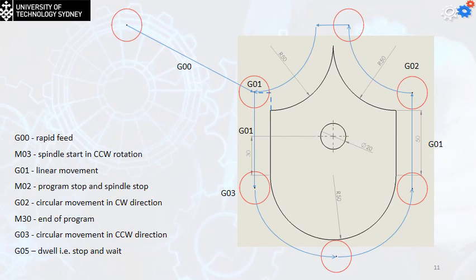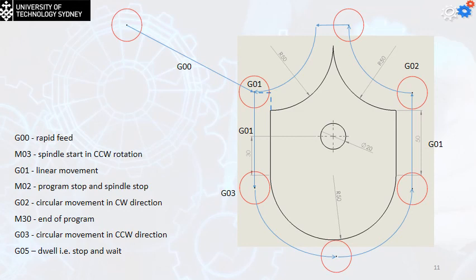The R value in this case, because we're doing the inner cutting, is going to be 50 minus 5, the radius of the blue arc, which is going to be 45.